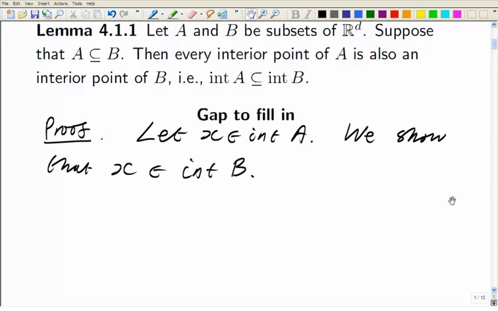Now this is rather easy because, well, I'll just draw you the picture first of all. This is an optional picture.